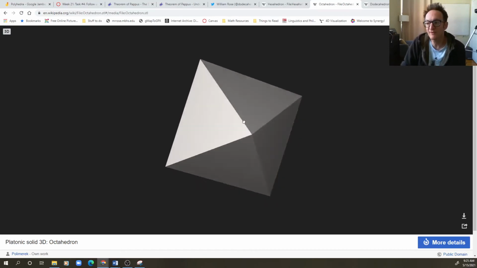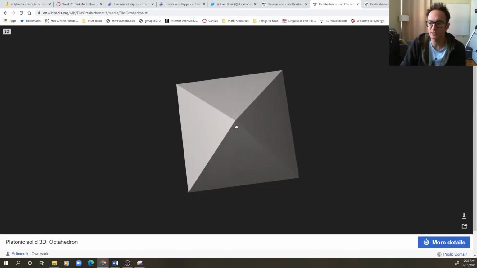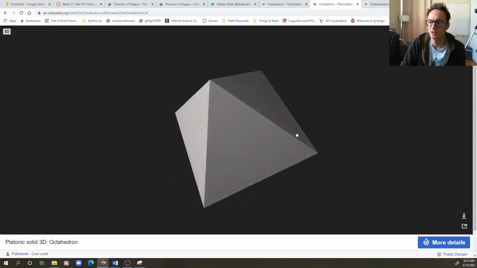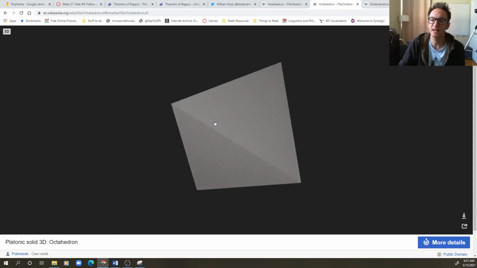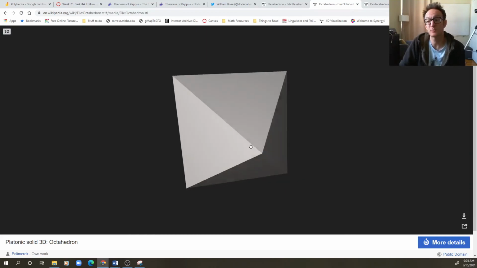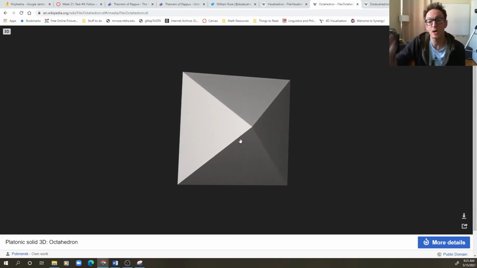If you go to every single vertex and you count, go to this vertex, 1, 2, 3, 4. Go to this vertex, 1, 2, 3, 4. And you count them all up. Well, what have you done? You've counted every edge twice. Every edge on this polyhedron is incident with precisely 2 vertices. By going through every single vertex and counting all the edges incident with that vertex, you've double counted every single edge.